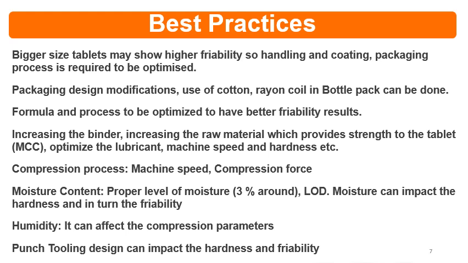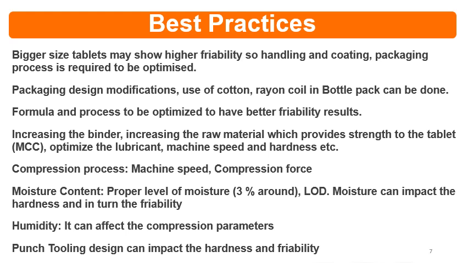Proper level of moisture is required to be maintained in the lubricated blend and in the granules so that you will get sufficient hardness tablets, and moisture can impact the hardness and in turn it will impact the friability. Generally for solid oral formulations around 3% moisture is required, but still it depends on the product and its composition.